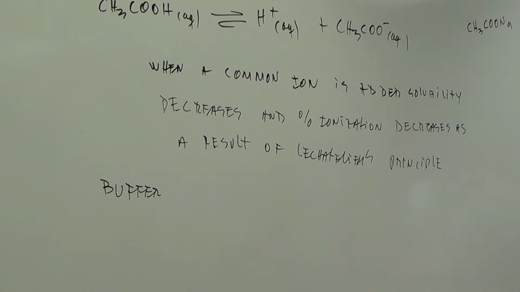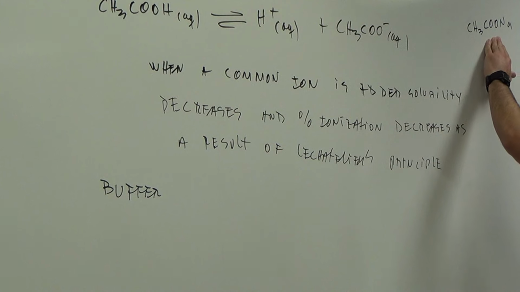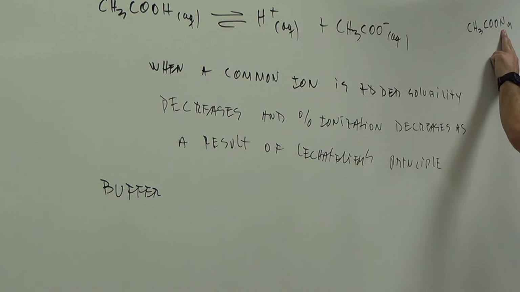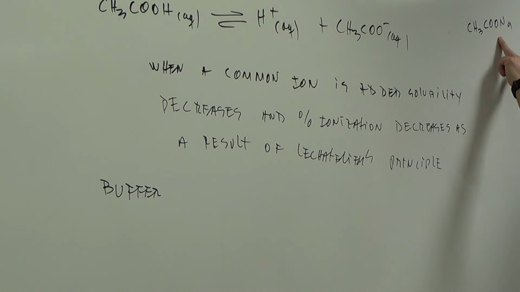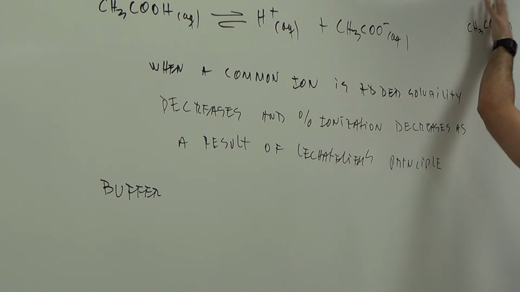Is the buffer the CH3COOH? No. I haven't talked about buffers yet. I'm still talking about this. Is the Na here in the equilibrium at all? Nope. Would it change the pH? Nope. And CH3COO minus is in the equilibrium.